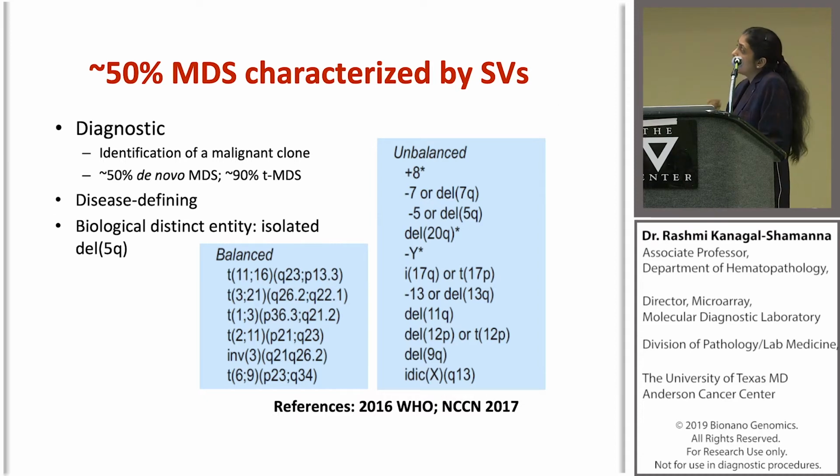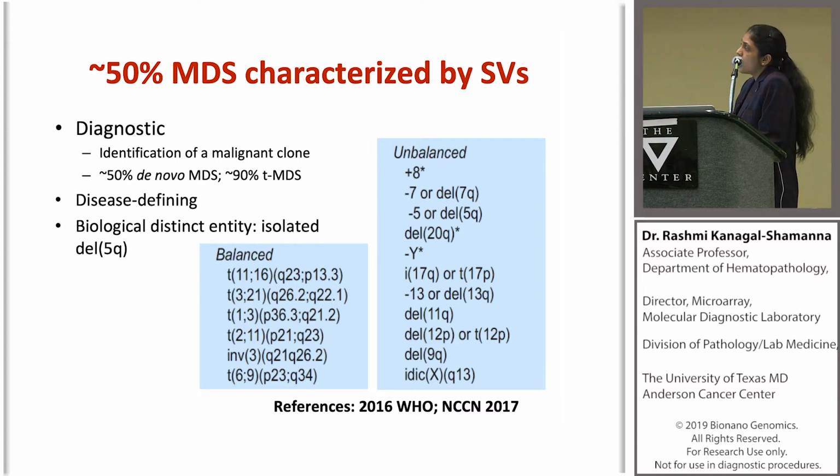Secondly, the type of structural variant can characterize distinct types of MDS, and these are biologically different. For example, MDS with isolated deletion 5q, and by isolated deletion 5q, it has to be either one additional abnormality associated with deletion 5q or no abnormality.